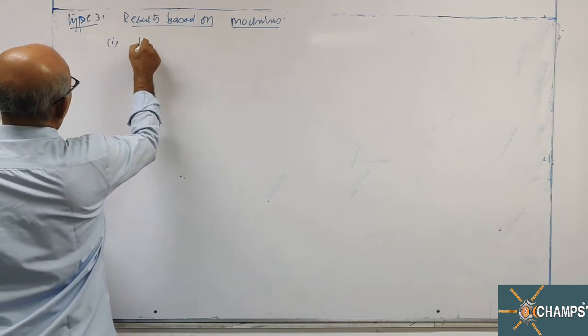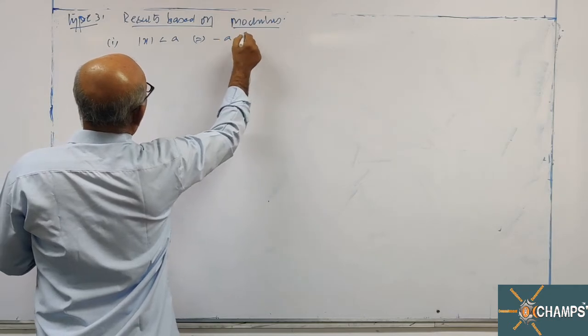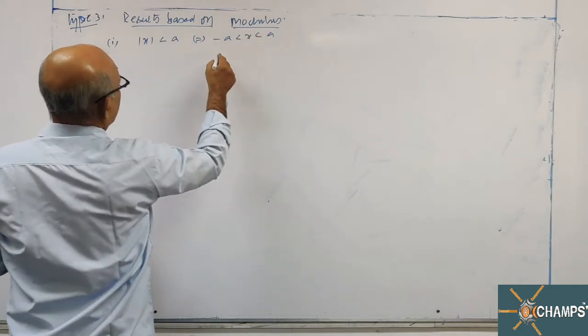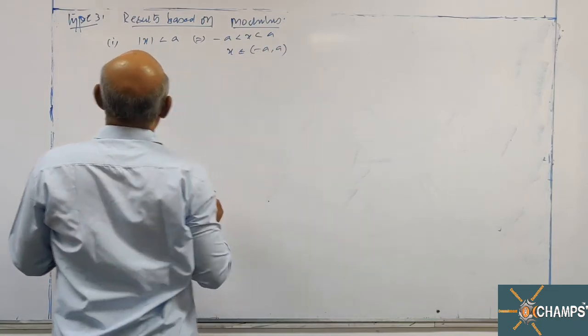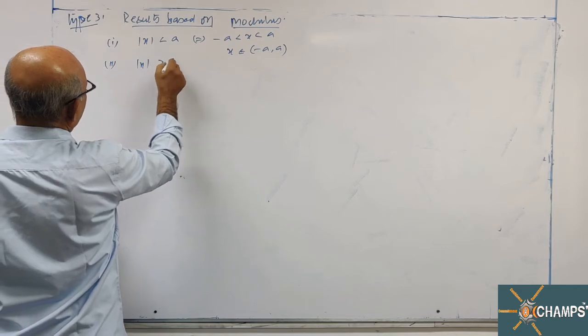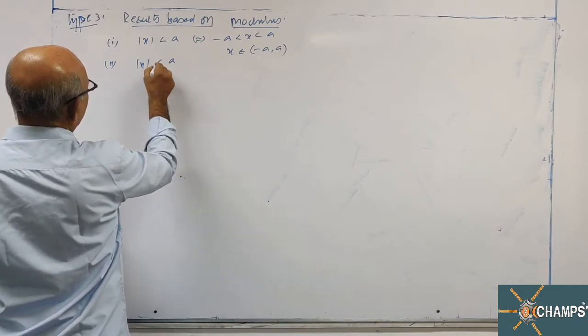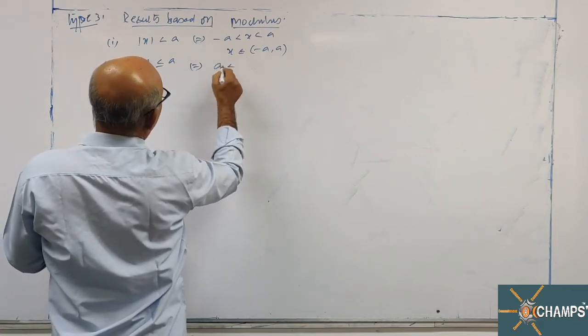First one, modulus of x is less than a implies and is implied by minus a is less than x, x less than a. You have to write it as x belongs to minus a to plus a. Second one, modulus of x less than or equal to a. Equal to sign means these values are included.